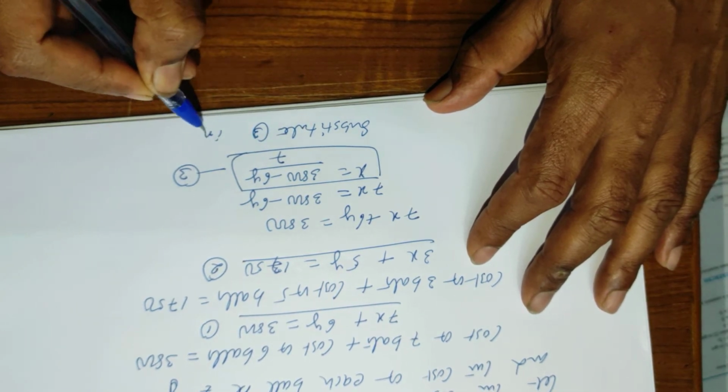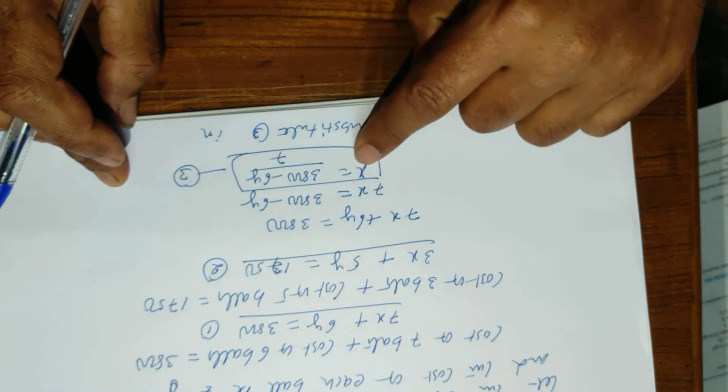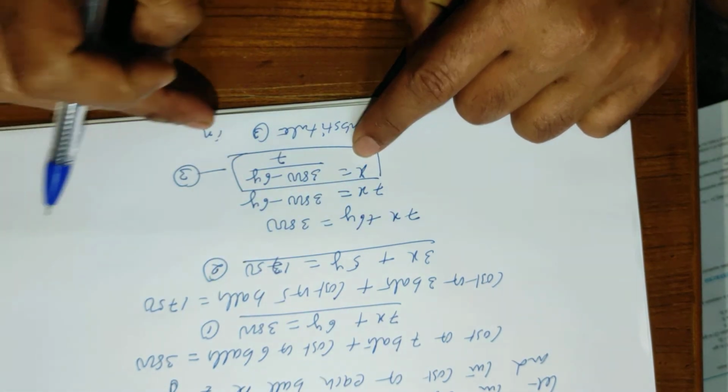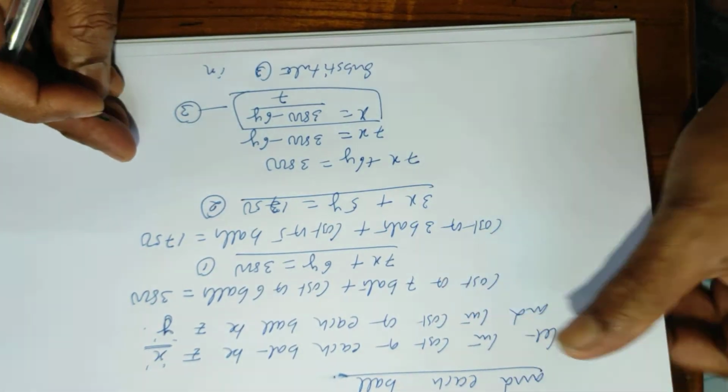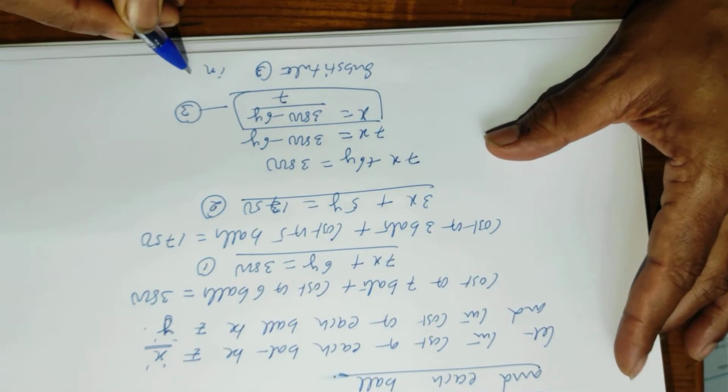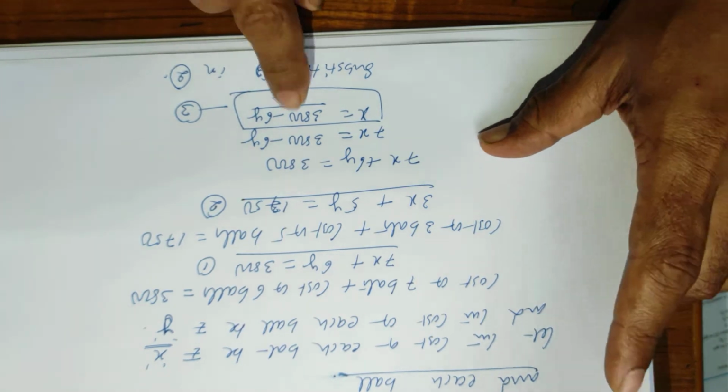I have derived the value of x from equation 1. So substitute the value in the remaining one, that is equation 2. Substitute 3 in 2.